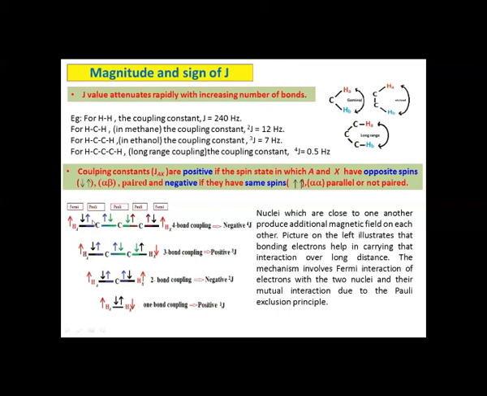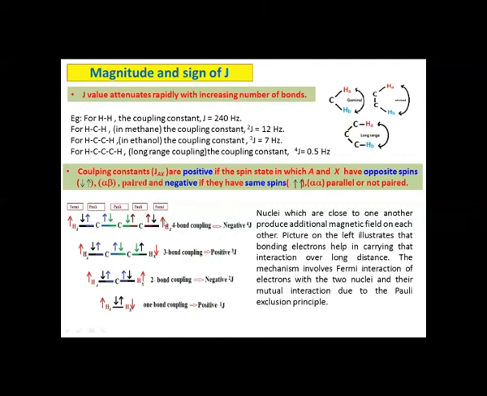In a similar way the arrangement goes on, and finally when we look into the spin states of the protons, based on their paired or unpaired conditions, the J value will result.